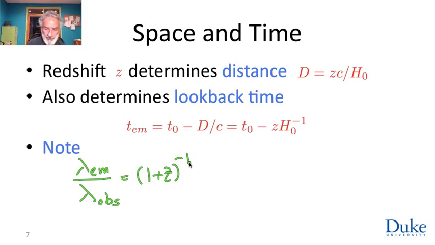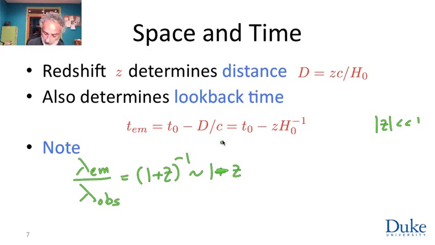Now, I'm going to assume that I'm in the reasonably small redshift neighborhood of non-relativistic motion, so that this expression is correct, first of all, and second of all, that because z is much less than 1, I can use Newton's approximation to approximate (1 plus z) to the minus 1 as 1 minus z.